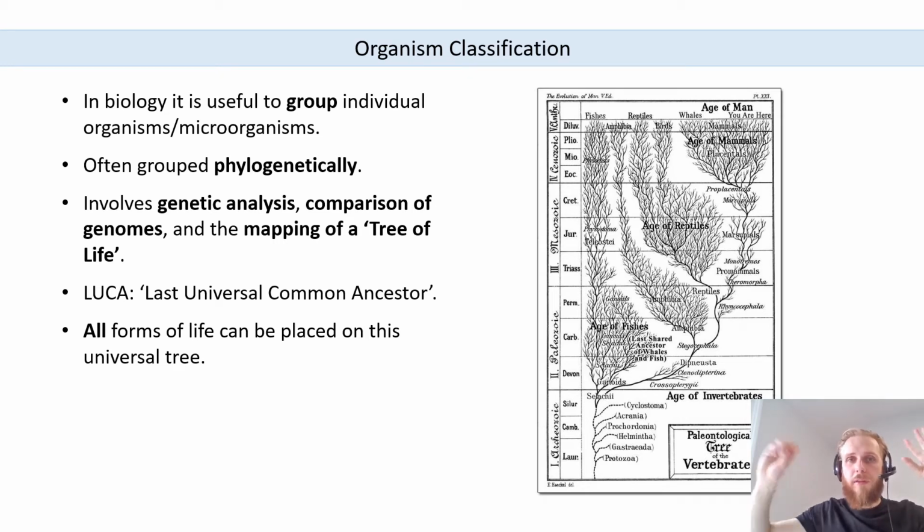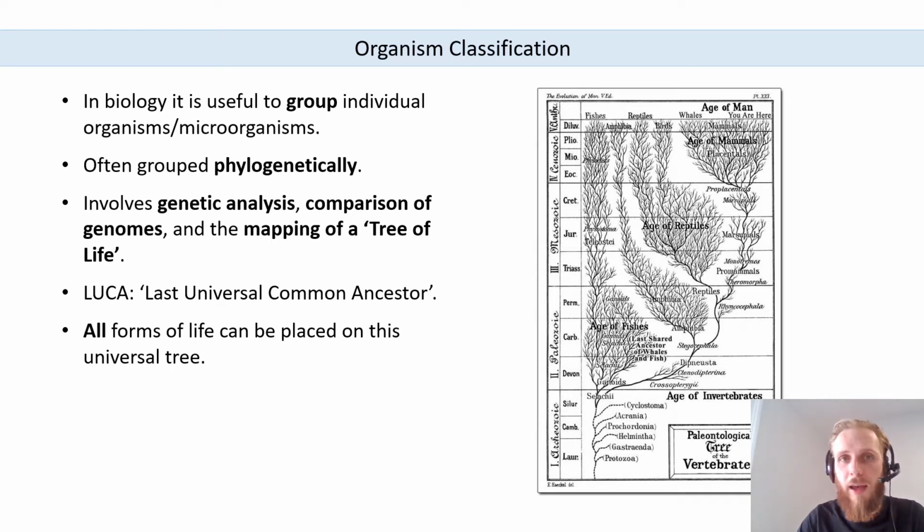So every species that is placed on this tree, whether it's at the end of the branches or wherever it is, ultimately descends from the same ancestor, and we use the term last universal common ancestor. This is the species that sits right at the base of the tree.